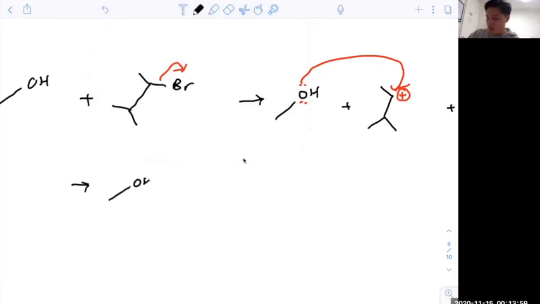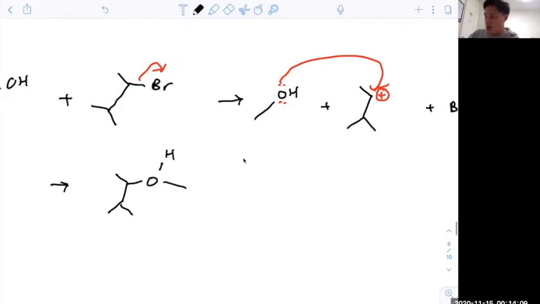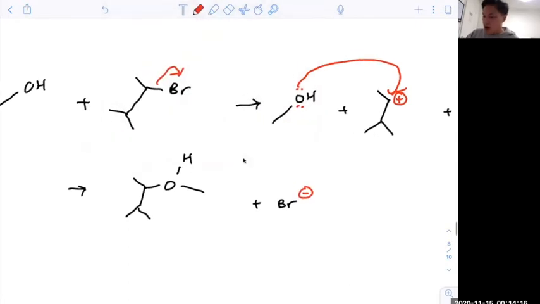Let's draw this full molecule. The O attacks, so it's going to be attached to the O as an H right here, and it has the methyl group sticking out. Plus, we have a bromine still. And now this oxygen, let's do a quick formal charge. Valence is 6. It has 3 bonds and it has 2 electrons.